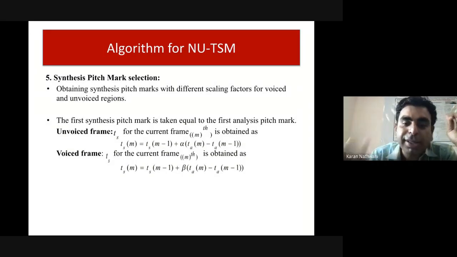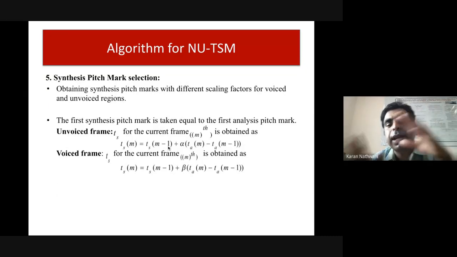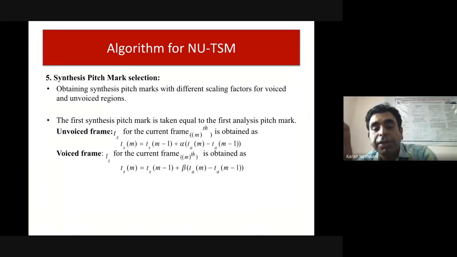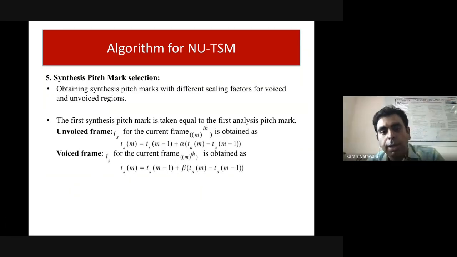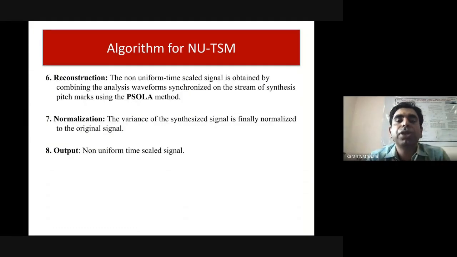Now the next TS for the next frame is very simple: TS m minus 1, that is your previous one, plus a factor alpha times TA, which is your analysis difference between the current one and the previous one. Similarly, you do it for the voiced frames. I hope the things are clear to you, because here the maths is very simple and very explanatory. Once I have the TS for both voiced and unvoiced, then I do the reconstruction.